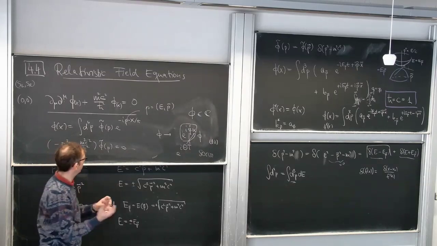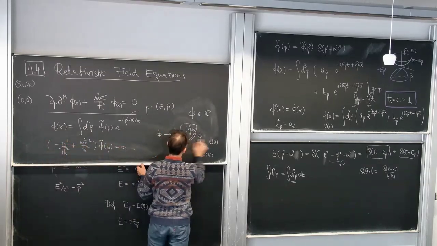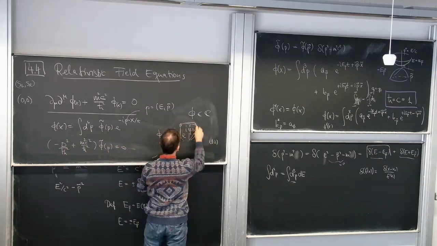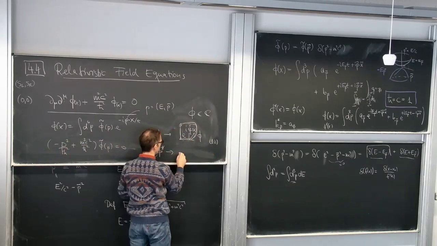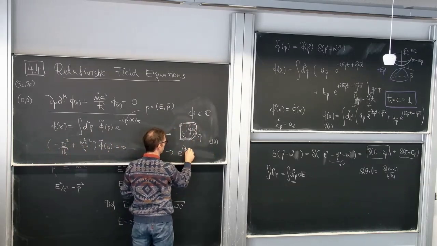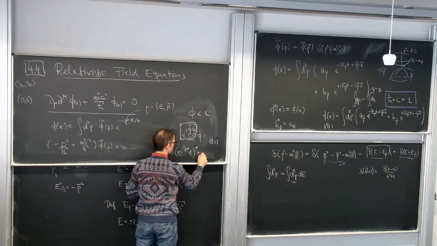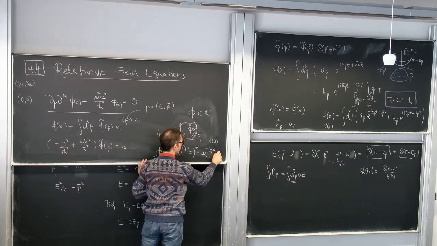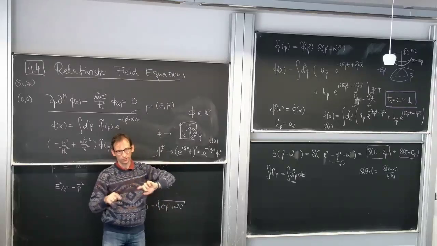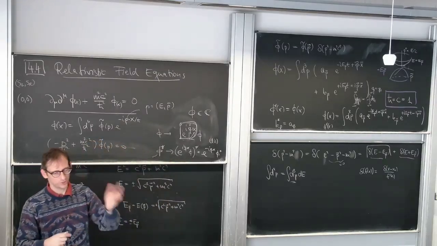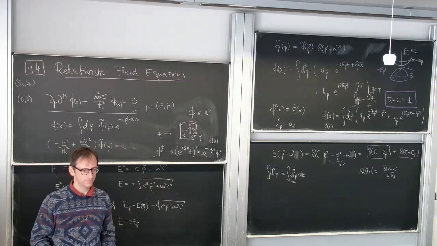Because if you complex conjugate, so if phi transforms in this representation under U(1), the friend transforms under e to the i q alpha phi complex conjugate, but this is e to the minus i q alpha, and so on. So the complex conjugate has the opposite charge, and you call this the antiparticle.